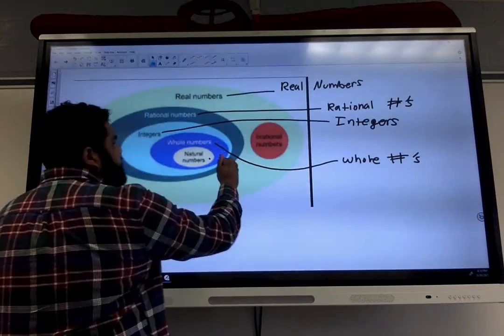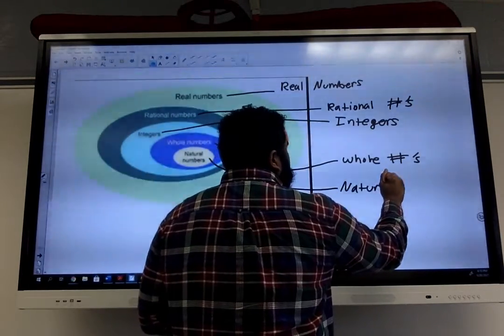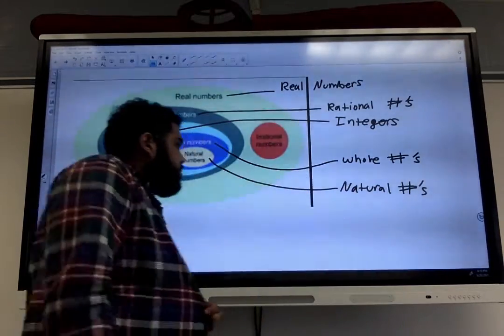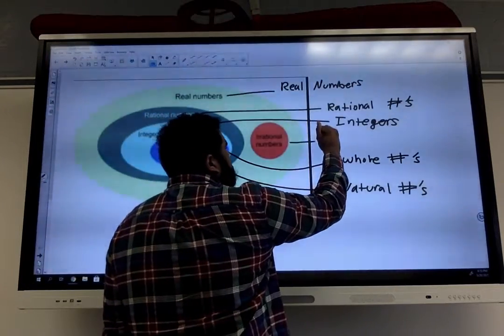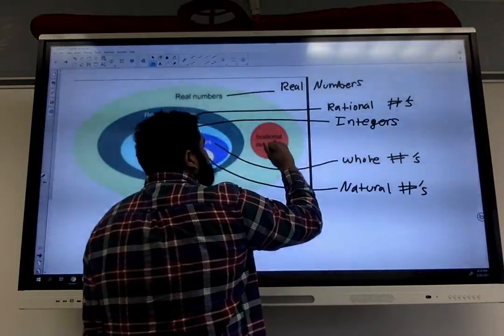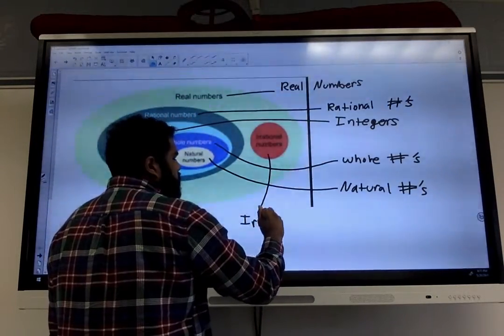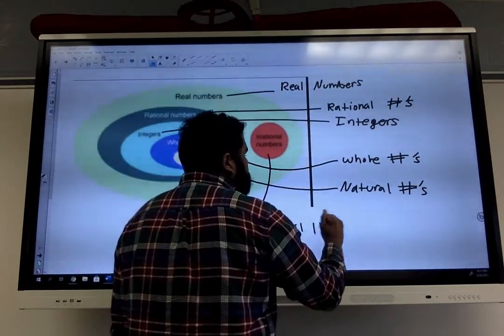And then last but not least, we have natural numbers. And then by itself over here is irrational, and I'm going to go ahead and bring it down over here by itself. Irrational numbers.